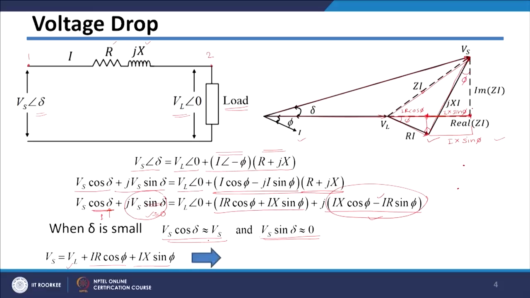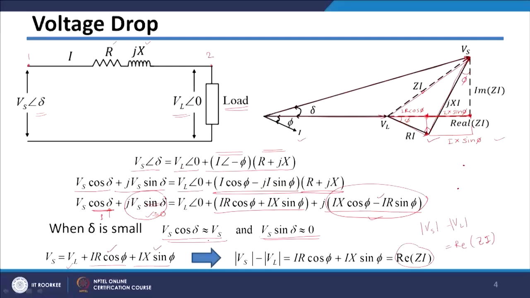Therefore, we can write it as real part of ZI. Therefore, the voltage drop we can approximately write as Vs minus VL, which is the voltage drop between the two terminals, equal to the real part of Z multiplied by I.